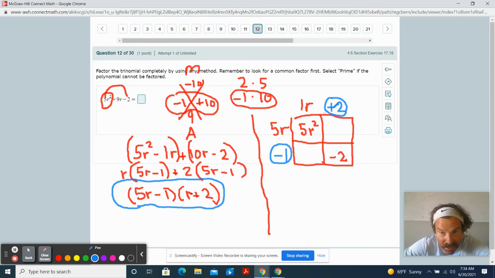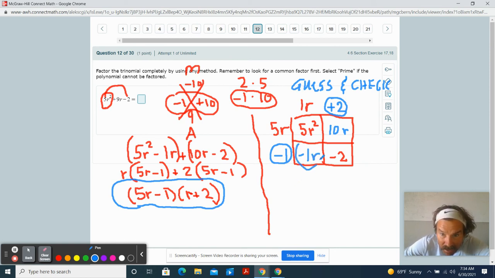The way to check to see if you've done it correctly, because you're going to guess, right? It's called guess and check. Sometimes you guess right the first time. Sometimes you guess right the second time. How do we check? Well, we check by filling in the boxes. 2 times 5r is 10r. 1r times -1 is -1r.